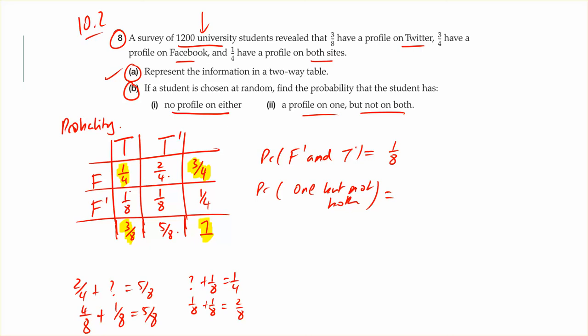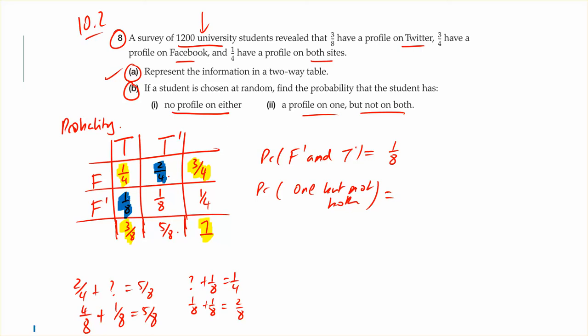So I'm just adding these two probabilities together, this one and that one, because these students have profiles on either one but not both.